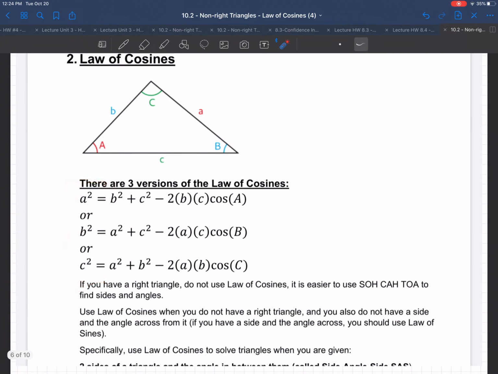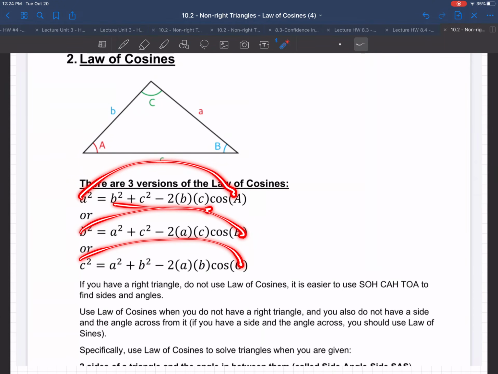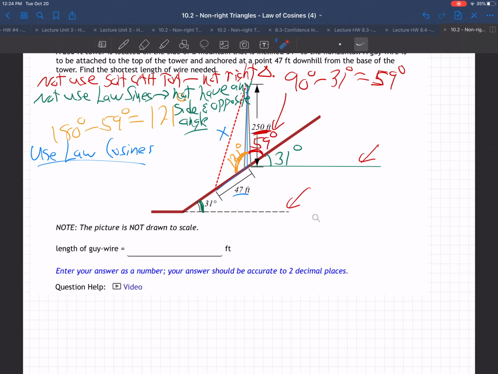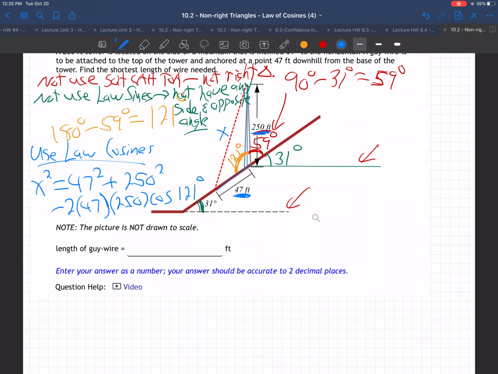Remember, there's three versions of the law of cosines. Basically, A's got to be across from A, B from B, or C from C, with the other two sides in between. So I'm going to use, therefore, x squared, this side I'm trying to find right here, equals the other two sides, the 47 squared plus the 250 squared, it doesn't matter what order you do that in, minus 2 times one of them times the other times the cosine of the angle across from x, which we found to be 121 degrees, right?